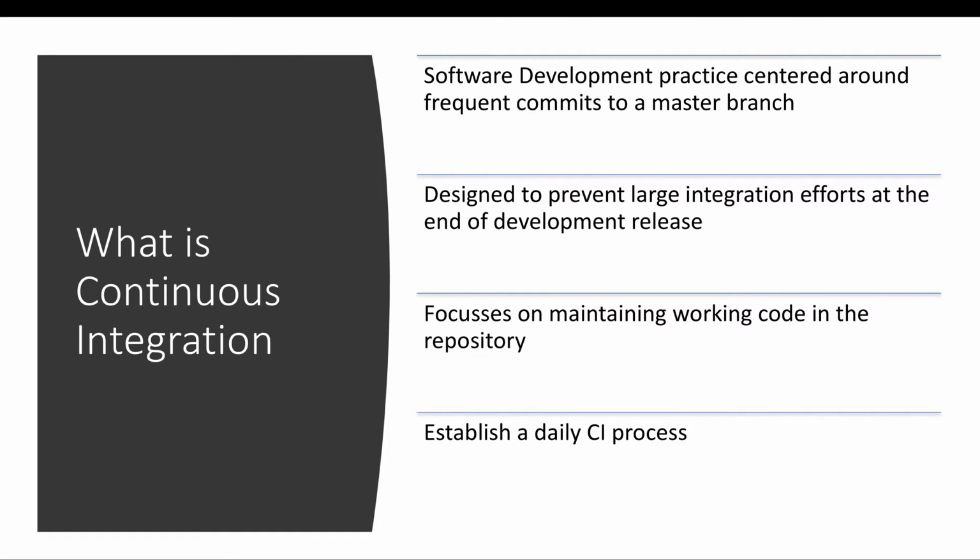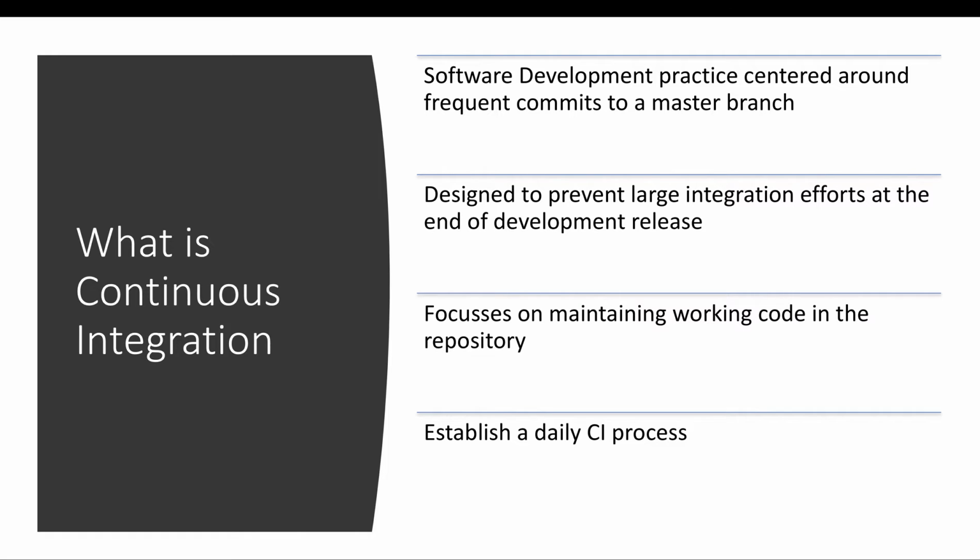So if the code is not working in your master branch, somebody has to look into it, because this would be the point where your code would have started diverging, or there might be some conflicts with the code which different developers might have introduced.